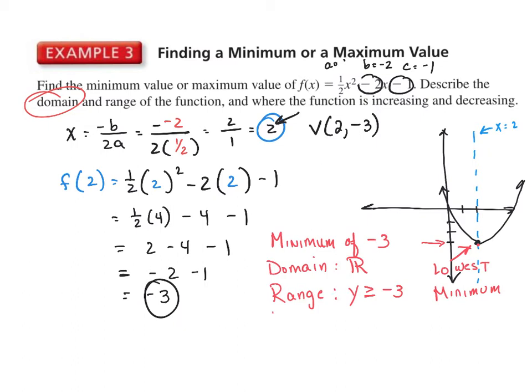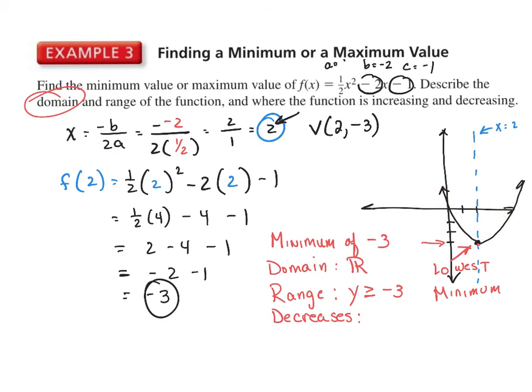Where is the function increasing and where is it decreasing? All right, well, it decreases. This is where it gets a little complicated. If you look at it from left to right, everything to the left, all these negative numbers here, it's decreasing, decreasing, decreasing until it gets to x is 2. Once x is 2, it starts to increase.